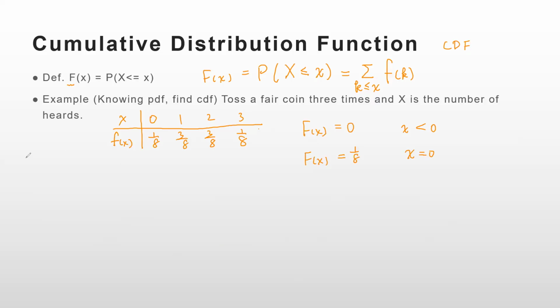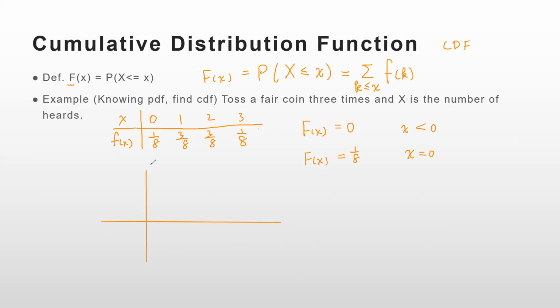I want to show you a graph which describes the PMF. We call that the histogram of the distribution of this random variable. It's probably easier to see the relation between these two, the PMF and CDF.